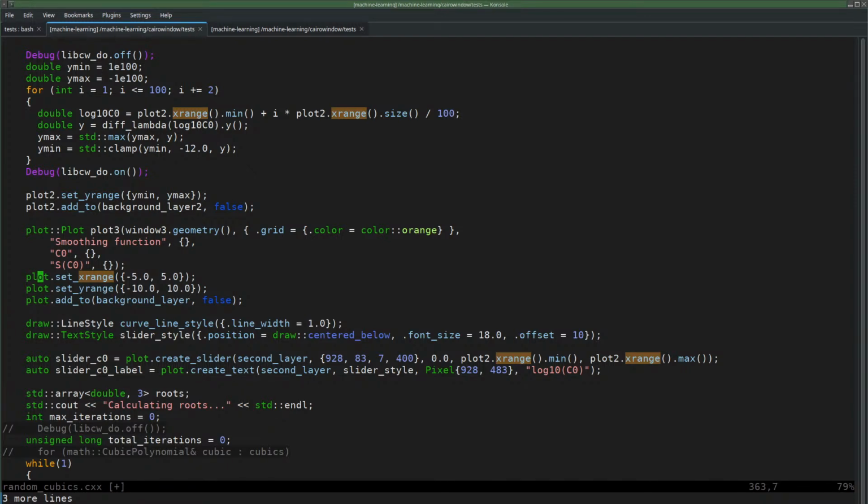So C0 itself, yeah, you kind of have to do it logarithmically. Just have to do it logarithmically. Yeah, actually.